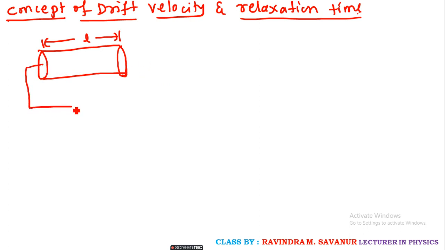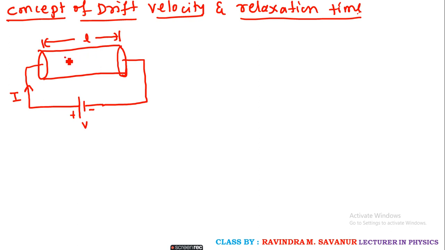This conductor is connected to a battery. The big line indicates the positive terminal and the small line the negative terminal, which creates a potential. Through this battery, current flows in this conductor.